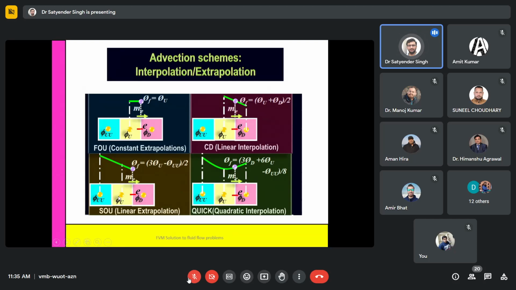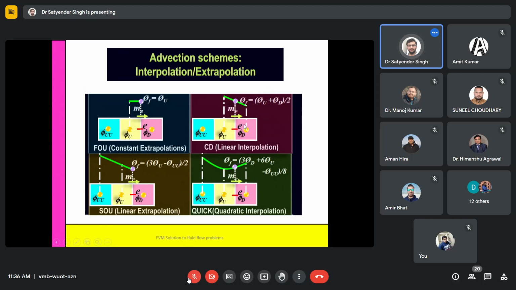Similarly, for a second order upwind scheme, we consider the upwind and the upwind of upwind cell centers, meaning two previous neighbor cell centers, and assign different weightage to them. Then accordingly we will find a value for the flux, the momentum flux. That will be at an intermediate location between the two cell centers, or a face center location for a control volume.